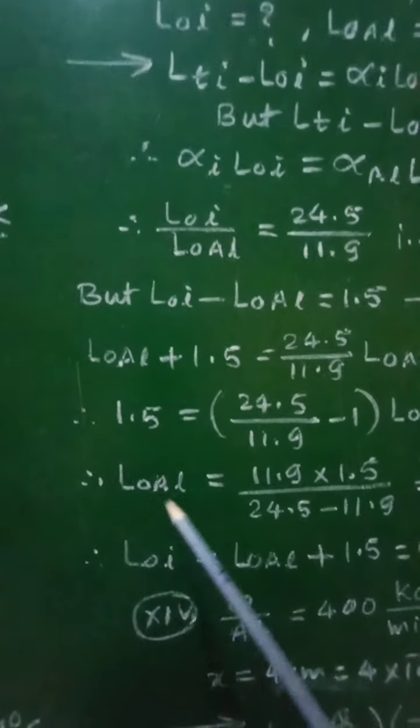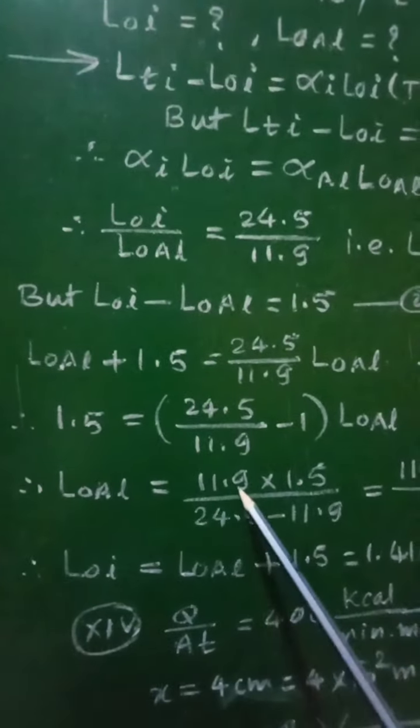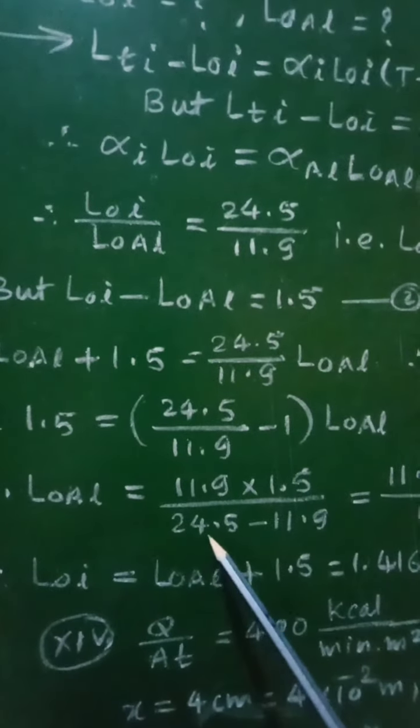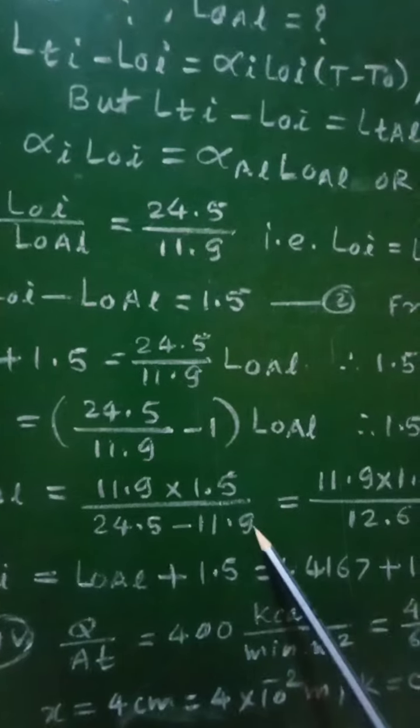Therefore L0AL will be equal to 11.9 into 1.5 divided by (24.5 minus 11.9).